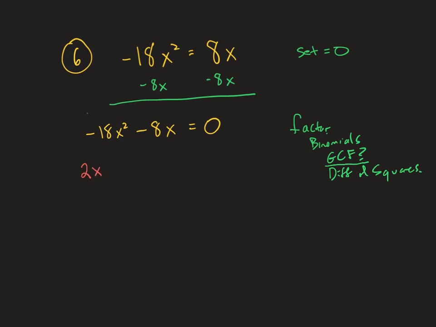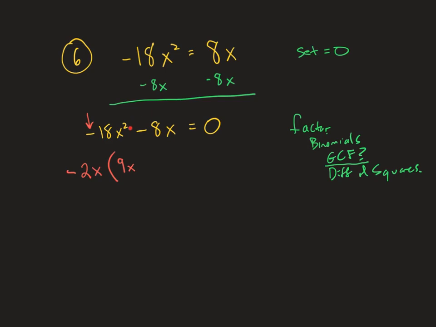and an x. And I usually recommend, if you've got a negative at the start of something that you're factoring, factor out a negative, so negative 2x. And then if you take negative 2 out of 18, that leaves 9. You can also think of this as division. Negative 18 divided by negative 2 is going to be positive 9. We took out one of the x's, so that leaves 1 there.